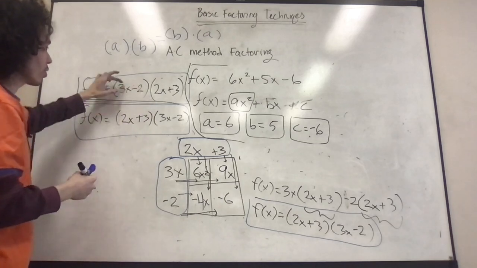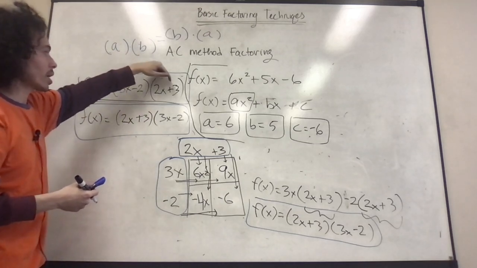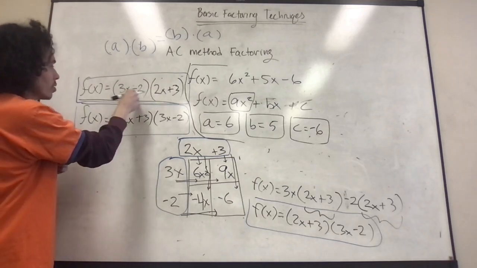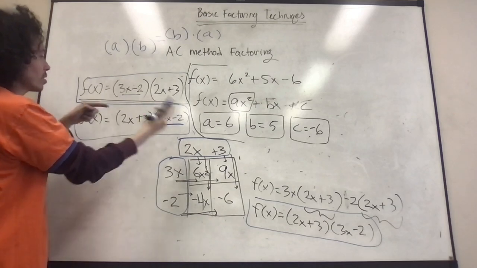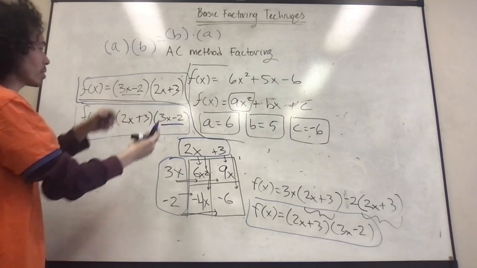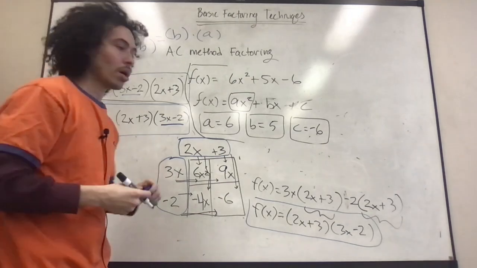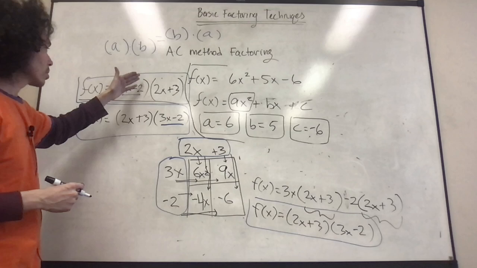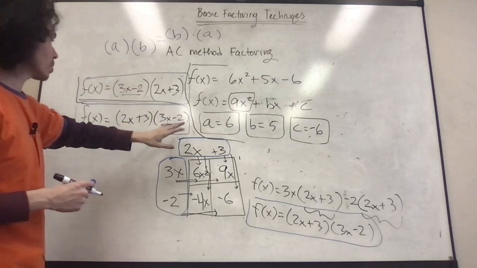We have 3x minus 2 times 2x plus 3, and one is over here and one is over here. But because of the commutative property of multiplication, it's okay to have them on both sides.